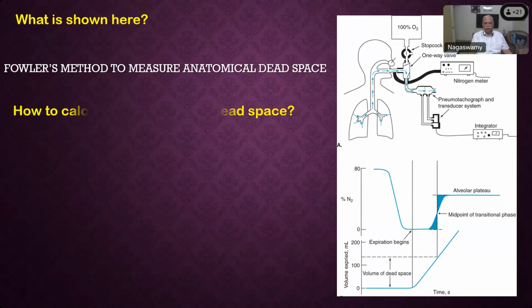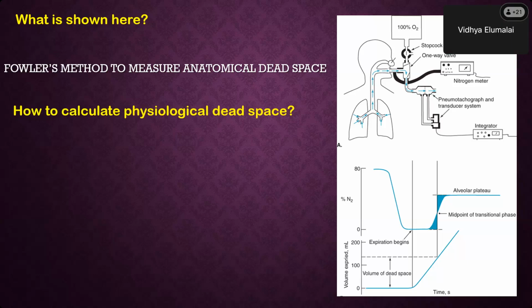Very good. So how to calculate physiological dead space? You can measure the actual values of anatomical dead space. But what is physiological dead space? Sir, it is usually zero because of minimal shunting. Okay. How do you define physiological dead space?